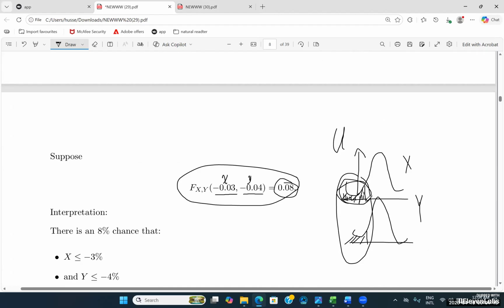Therefore, any value that falls below our defined threshold inherently possesses a certain probability. And we're summing up all these individual probabilities for every single value located within this specific area. So it's essentially like calculating the area under the curve in this region. We apply the exact same principle for the y-axis, meaning we consider any y value that falls below a particular threshold we've defined here.